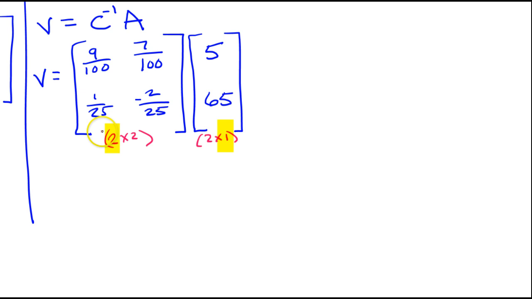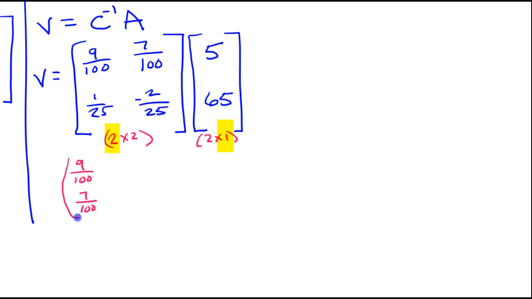And the way I find the 2 by 1 matrix is I'm going to multiply each row times the column. So I'm going to start with row 1. I'm going to write it vertically, but this is still row 1 that I'm about to write down. So row 1 is 9/100ths and 7/100ths.